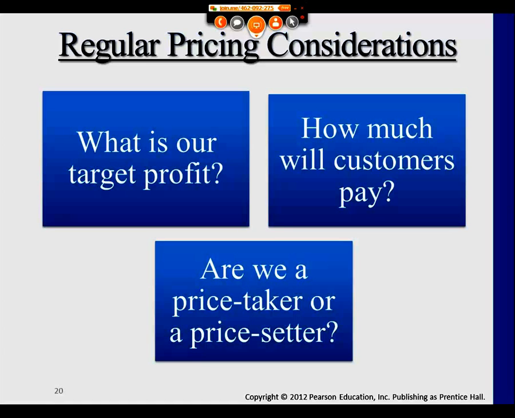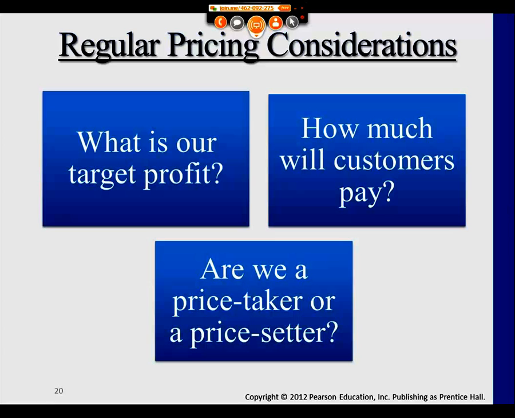For example, how much competition do I have? Do I really have that power to put the price out there and have customers grab it? So the more competition is out there, the harder it is for me to set a price that is very different from the market. So it's probably pretty close to the market if I have competitors out there.